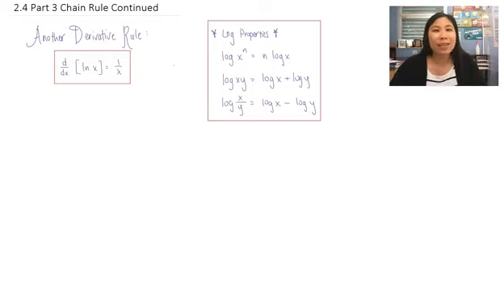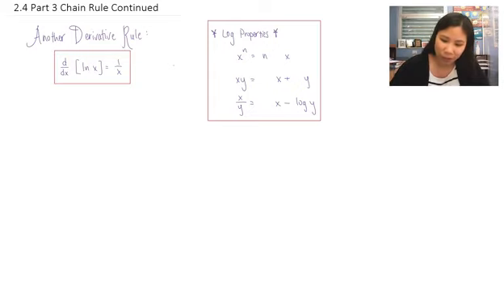So I keep saying log properties because natural log, ln, is the same thing as a log. So we can actually do all of these log properties with natural log as well. It would just change all of our logs into ln's.